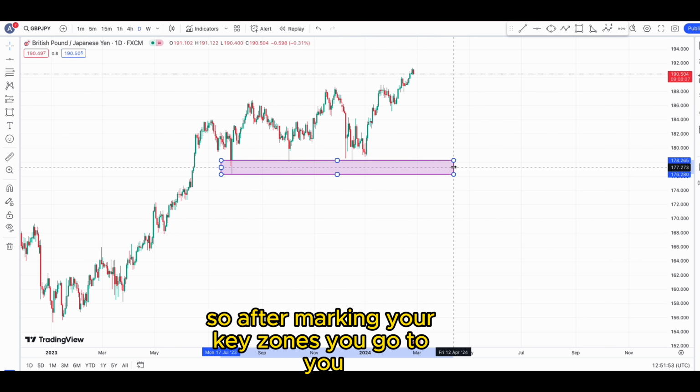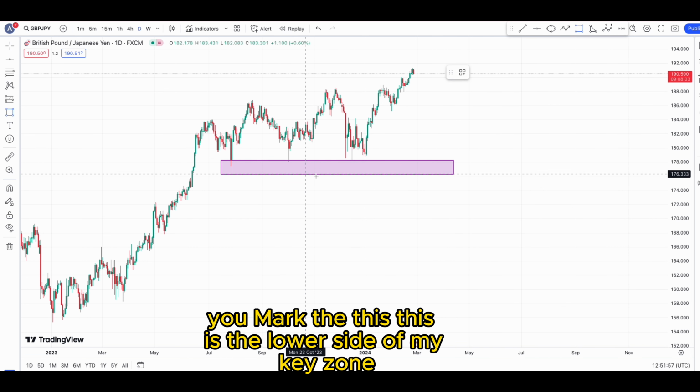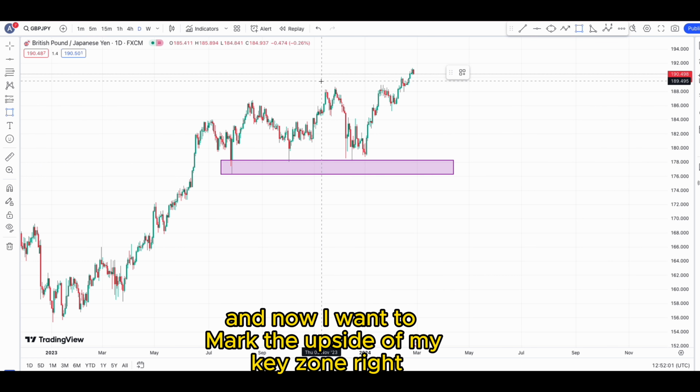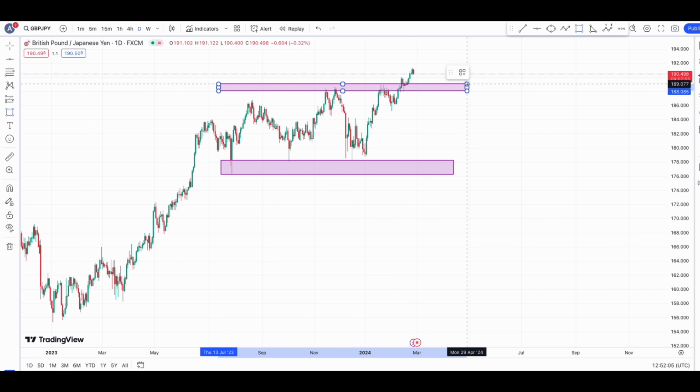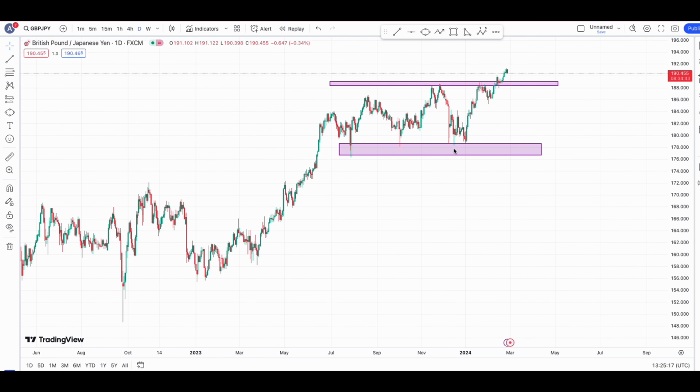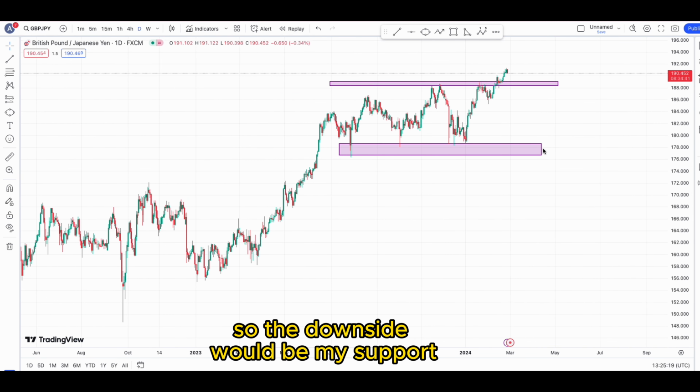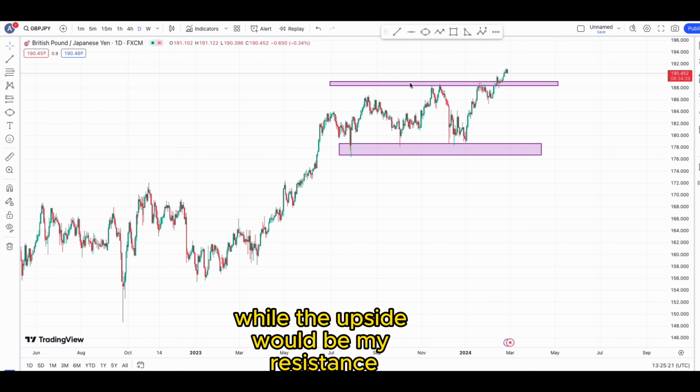So after marking your key zones, this is the lower side of my key zone, and now I want to mark the upside of my key zone, right? The downside will be my support, while the upside will be my resistance.